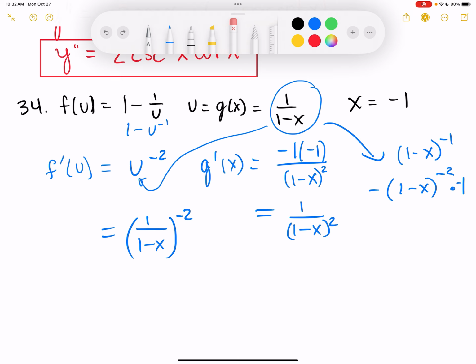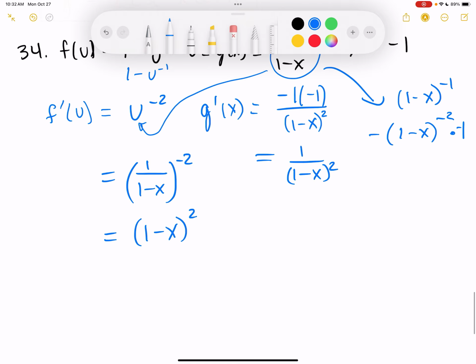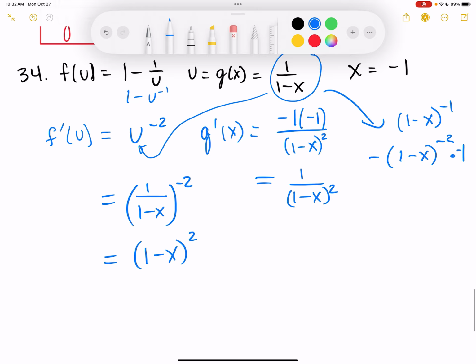So technically I could flip this now, because it's a negative exponent, to be 1 minus x squared. That gets rid of my negative exponent. So now we essentially just take these two things and multiply them. So I have 1 minus x squared times 1 over 1 minus x squared.